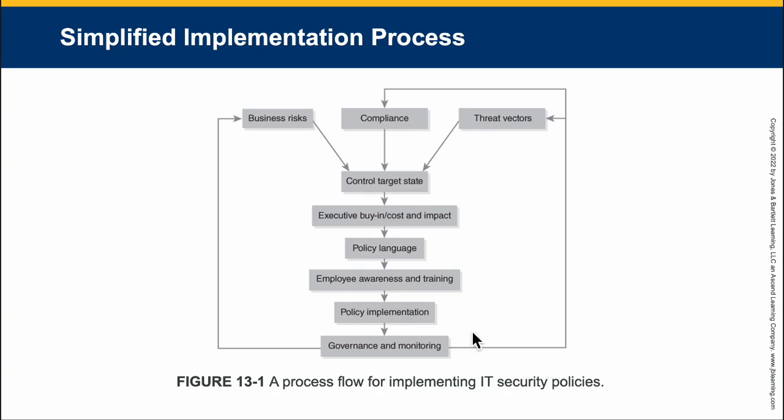In the process of implementation, or after it has been implemented, when there is a threat, it needs to be reviewed, or even a business risk. The threat will lead to a business risk. We will take a look in detail at each of the points later on.